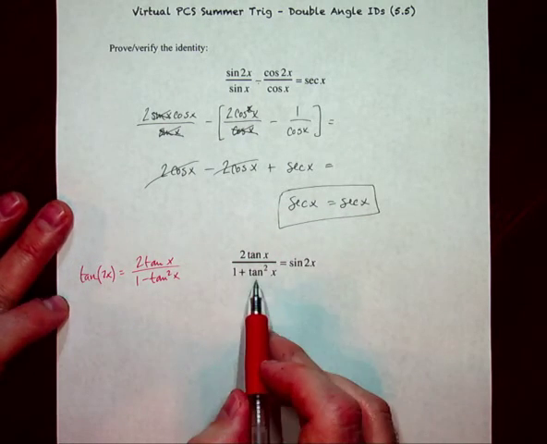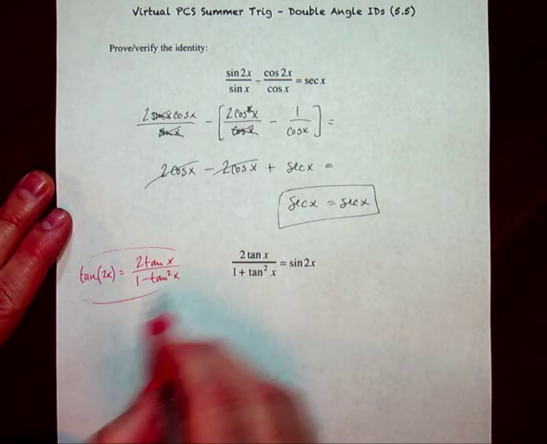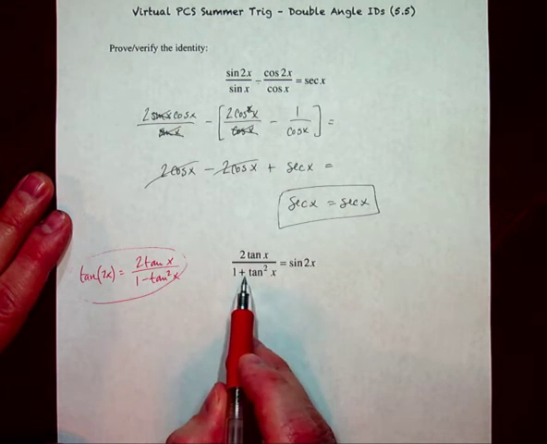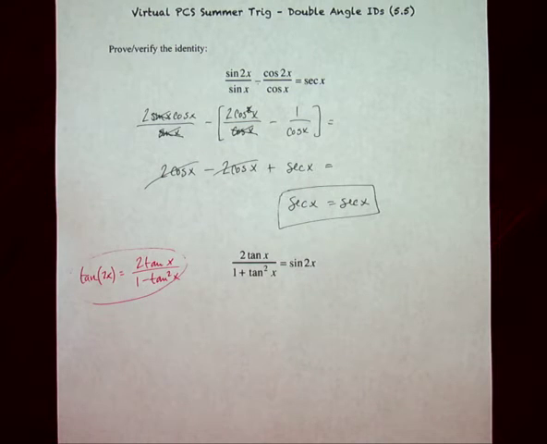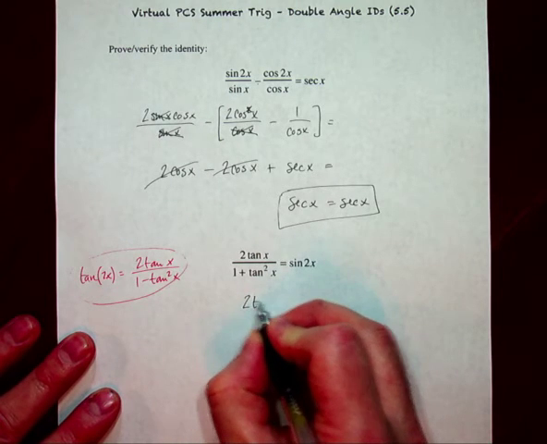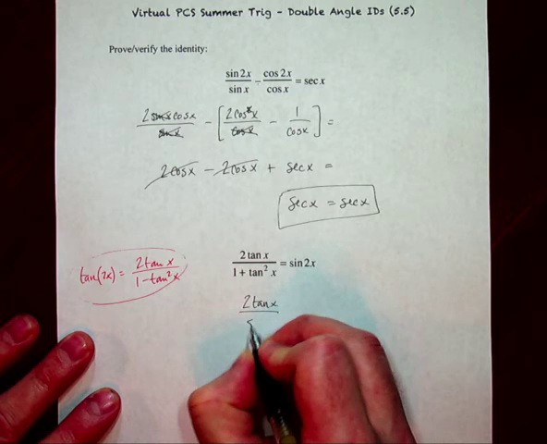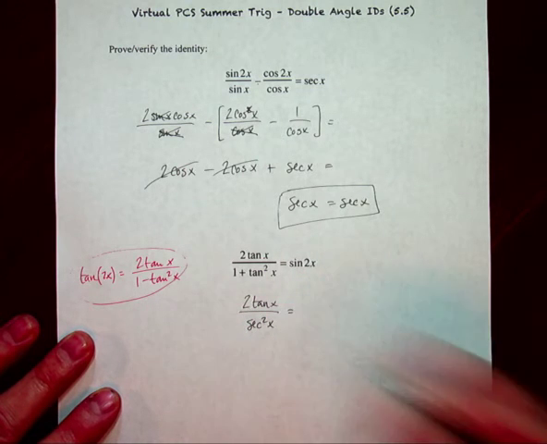What they're asking you to do is see whether changing that will ultimately completely change the identity. And in fact, it actually will, because 1 plus tangent squared is actually secant squared.